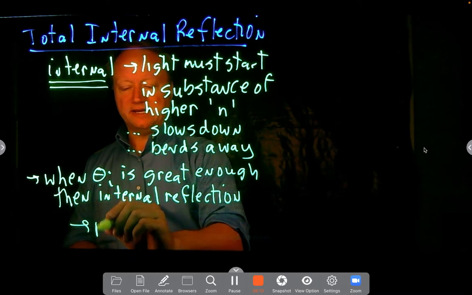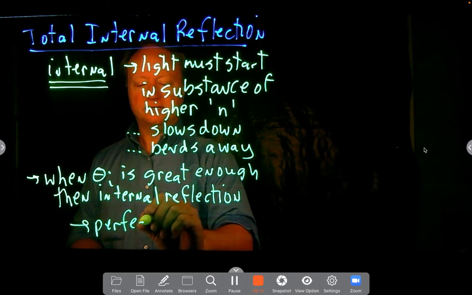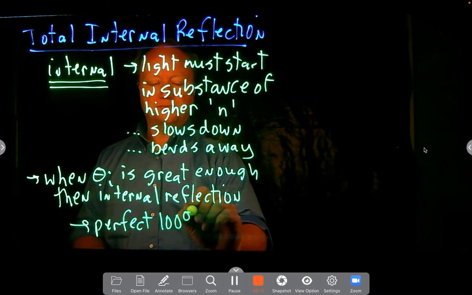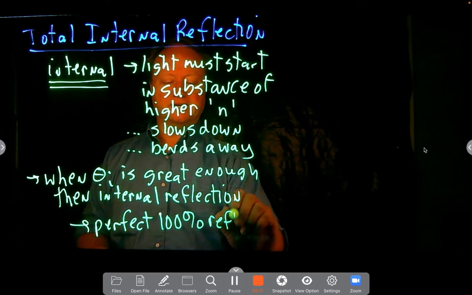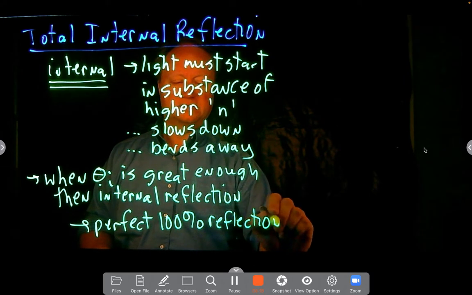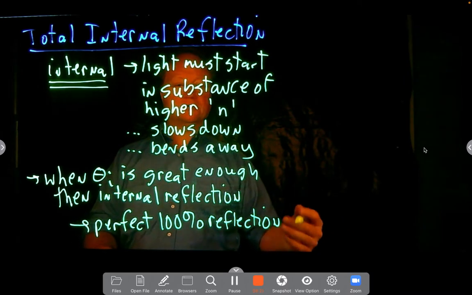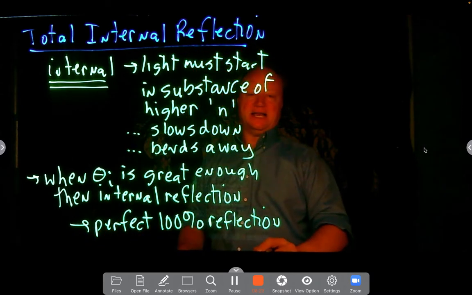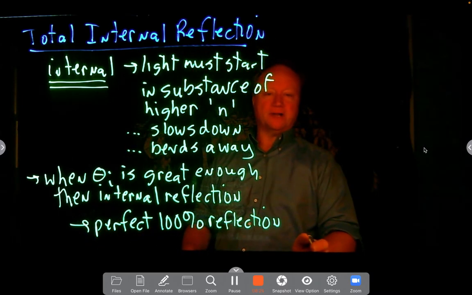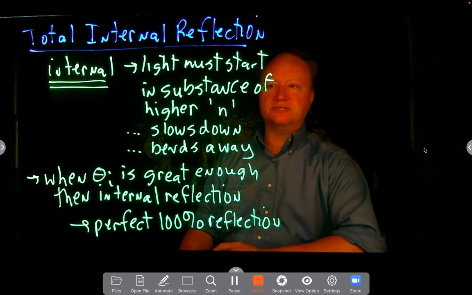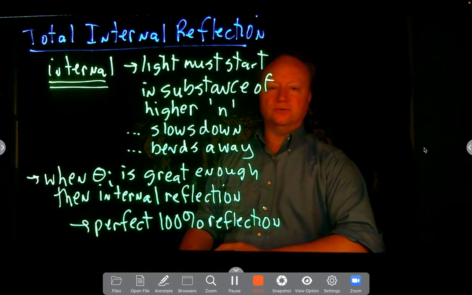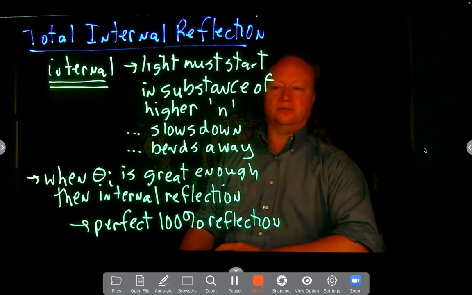This is a perfect 100% reflection. If you're at an angle of incidence less than that angle, then it will refract as normal. When you're at an angle of incidence greater than that angle, then it will totally internally reflect.